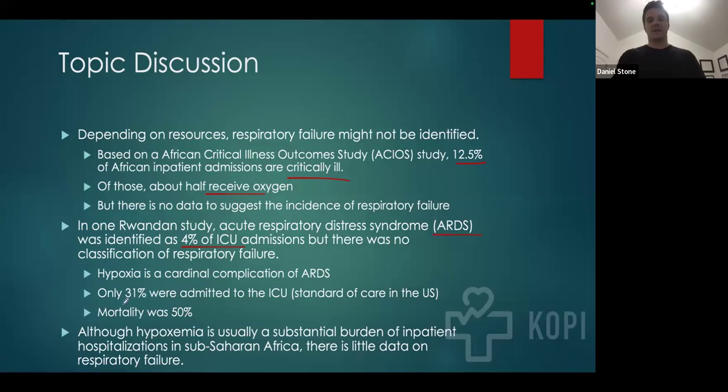And basically, of these patients, only oxygenation was offered, and ventilation was not necessarily something that was always thought through.